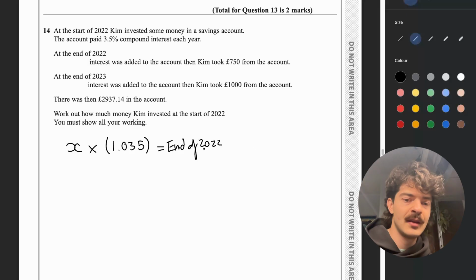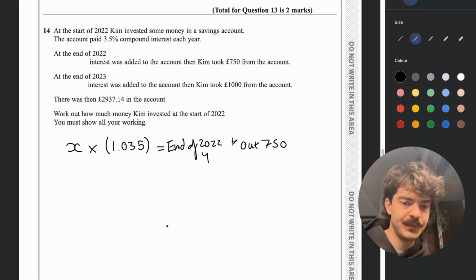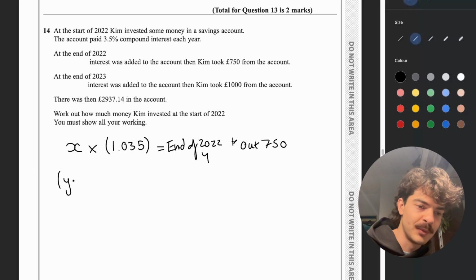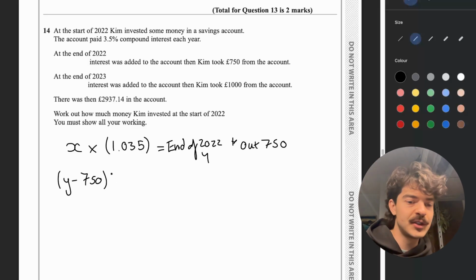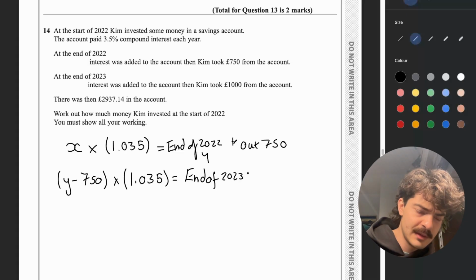And at this point, she took out 750. Let's call this Y. So that means that she starts 2023 with Y minus 750. She then gets her 1.035 again, and this would get you to the end of 2023.